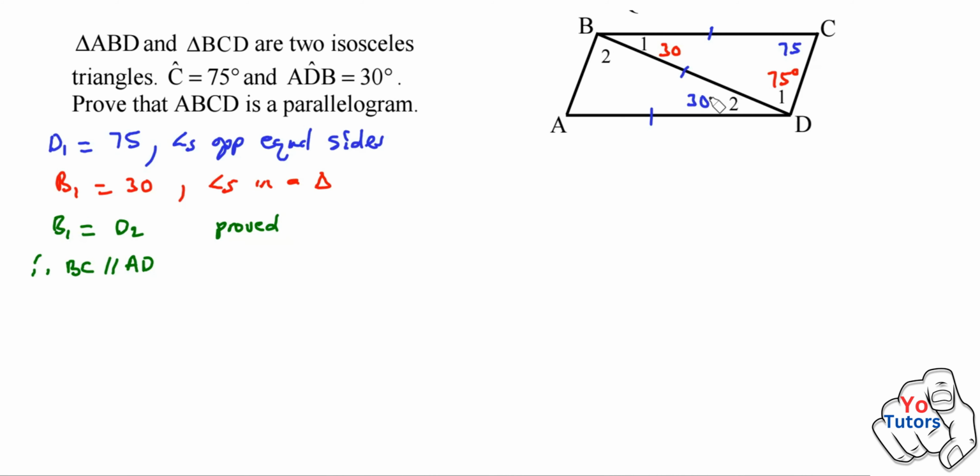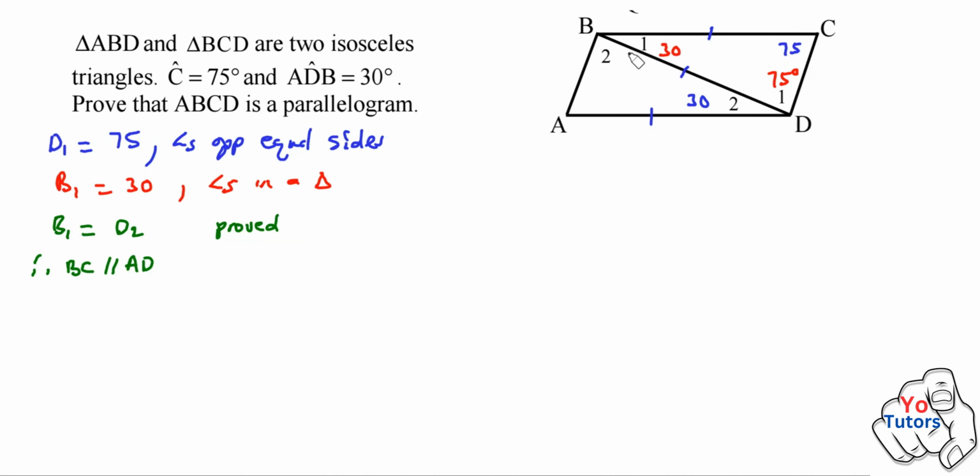We have proved that these two are parallel, but we can't just conclude that it's a parallelogram, because it's only one pair of sides that we have proved to be parallel. What can we also do now? Let's try to find out what other angle we can find. For us to get B1, B2, if these two are parallel, what else can we see?